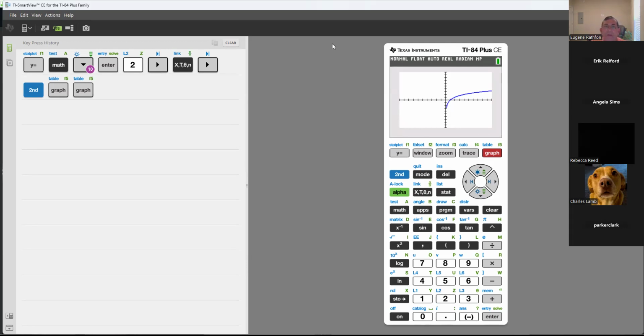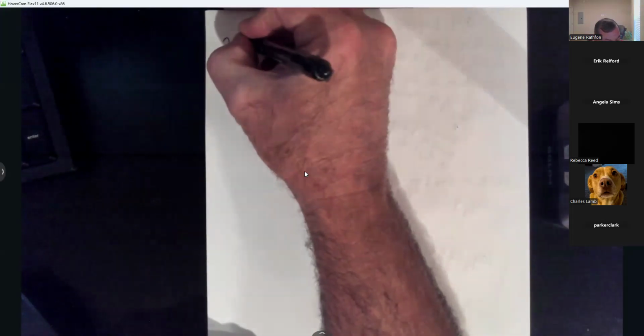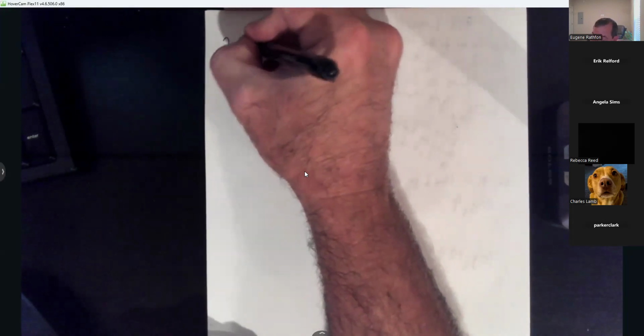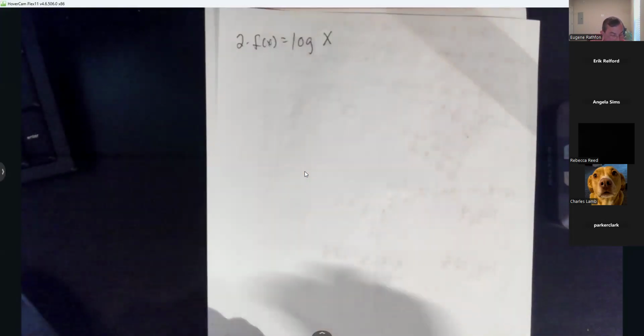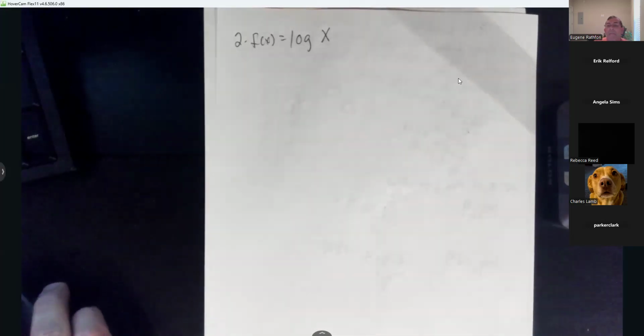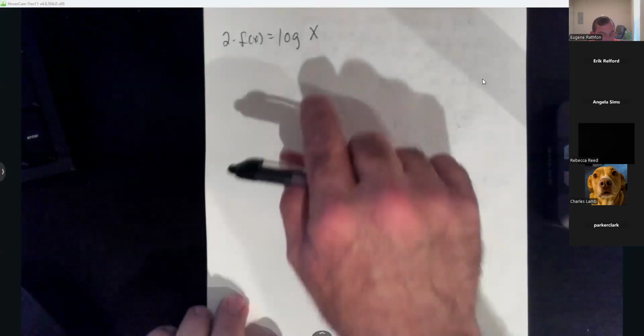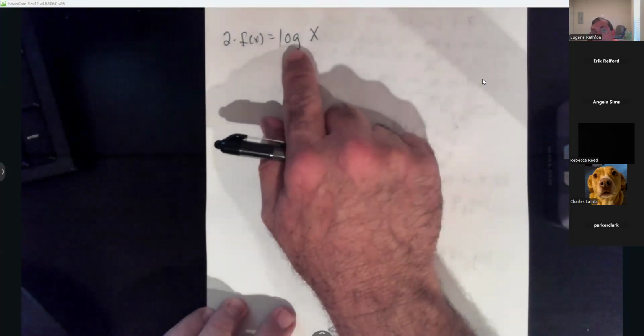All right, y'all, then you got one that, I will say this, I won't graph it by hand. But my number 2 has f of x equals log of x. So let me explain this one a little bit. On the front of your calculator, there is a button that says log.